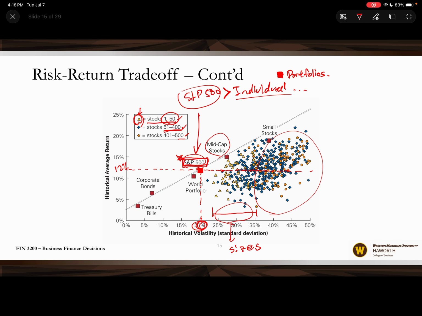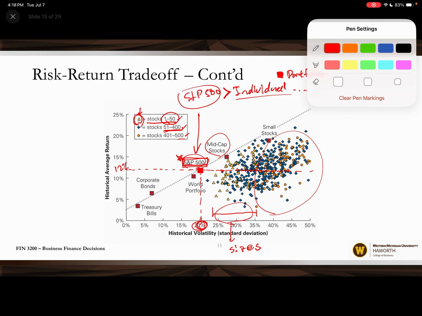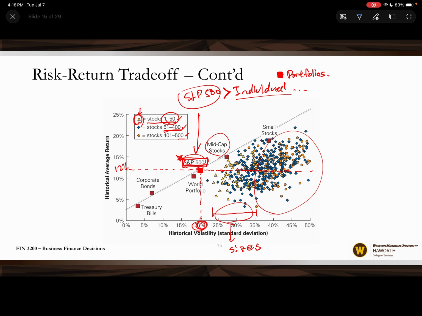Okay, so we can do the same exercise for the mid-cap portfolio. I'll just make this a blue rectangle or square, and I can draw a horizontal line this way and see that given this expected return or historical annual return of 15%, none of the individual stocks have lower volatility than the portfolio itself, right? There's no individual dot, for example, like right here, right?